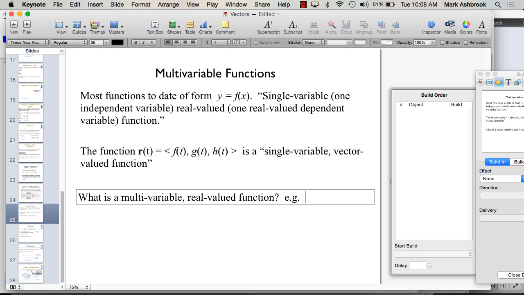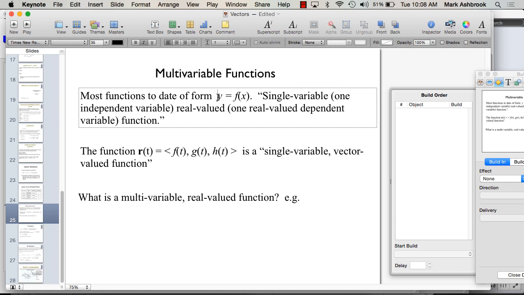Someone said it. Okay, I think you got it. So write it in. What would it be in this form here? Would it be like this? Right.